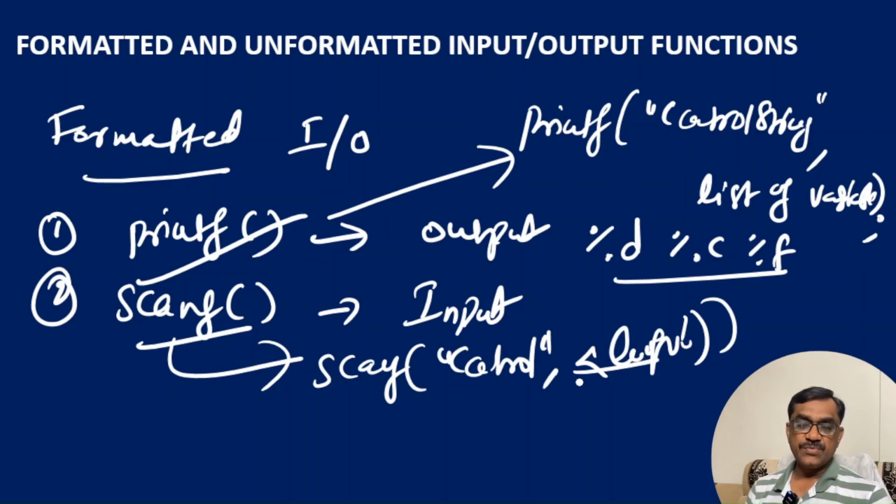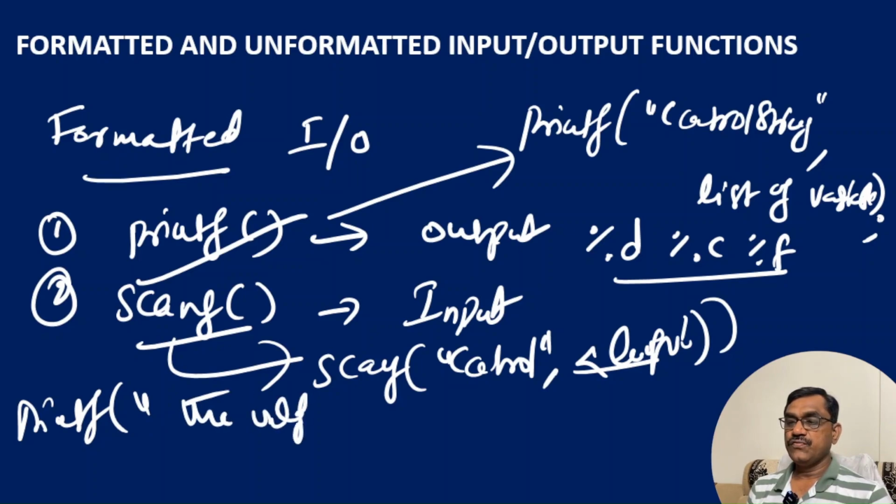We already discussed printf and scanf, so there is no need to describe them specifically. The only thing you have to remember is that in formatted input output, we are using the format specifiers, and we can format the output in our own way. If you want to print the output like "the value of a is %d", comma, here we can print the value of a.